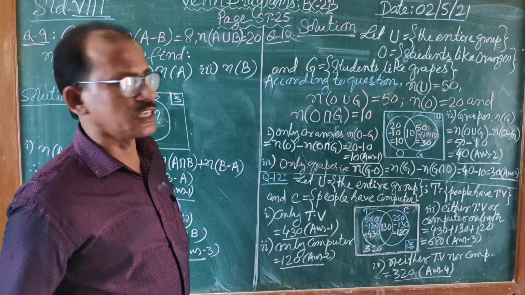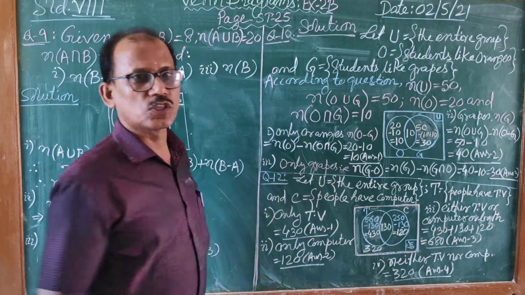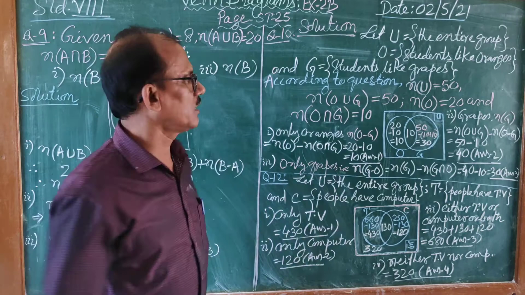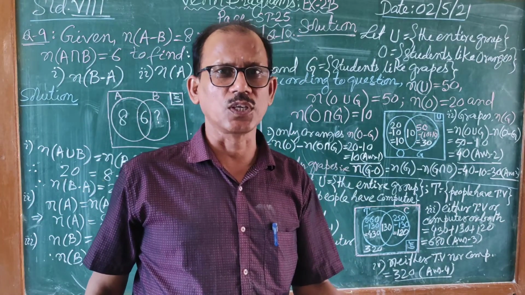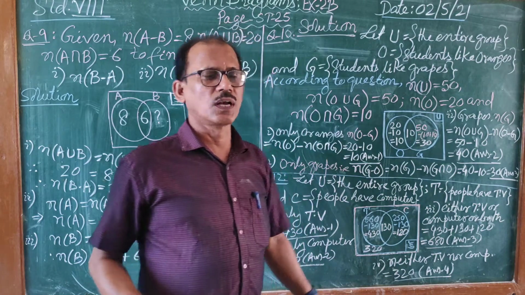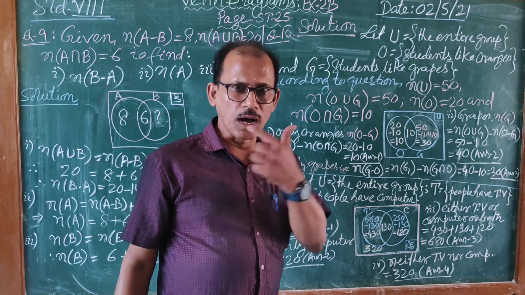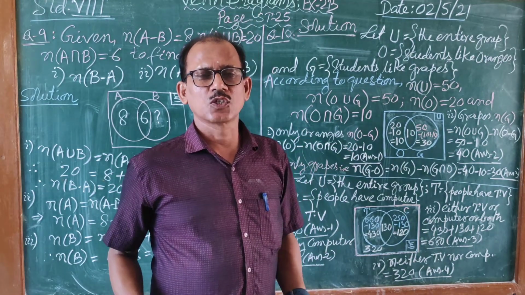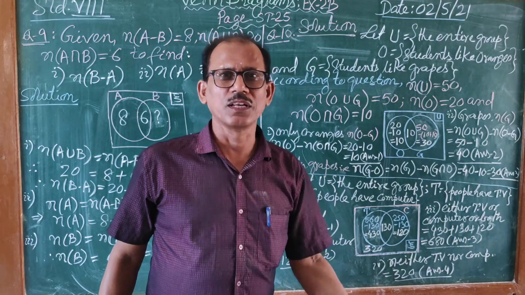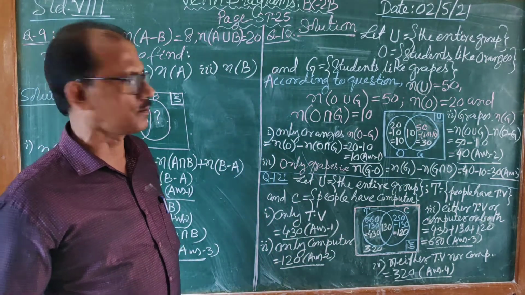But the question is given to you according to the statement, either or both. Either of the things or both. The number of students is 50. So n(U) is 50, it says total students including everybody is 50. Therefore n(U) is 50, cardinal number of the universal set is 50.